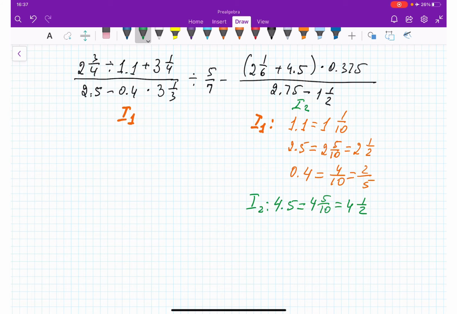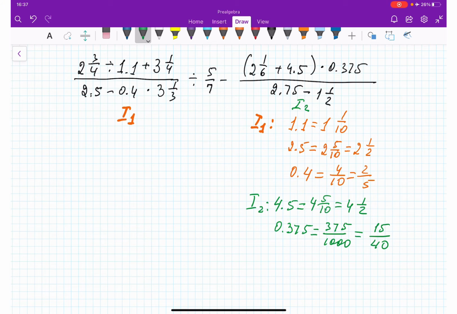Next, we have 0.375, which is equal to 375/1000. Yes, and I'm going to divide by 25 because any number that ends with 5 and 0 you can divide by 5. So I divide by 5, so I came to the conclusion that I can divide by 25, which I'm going to get here 15, and I'm going to get here 40.